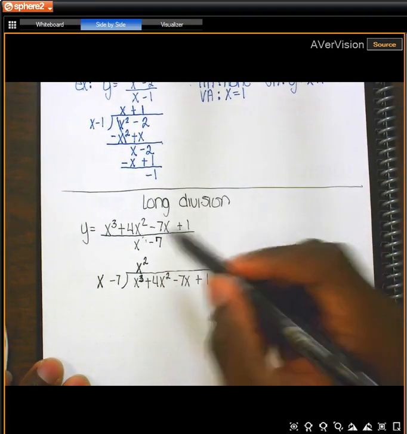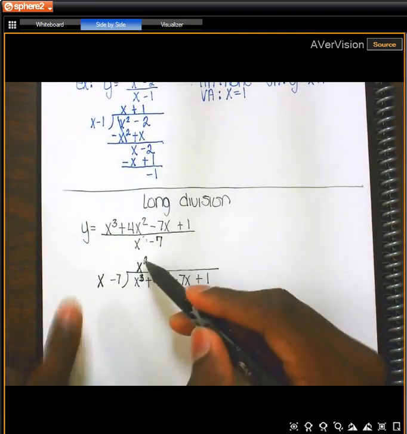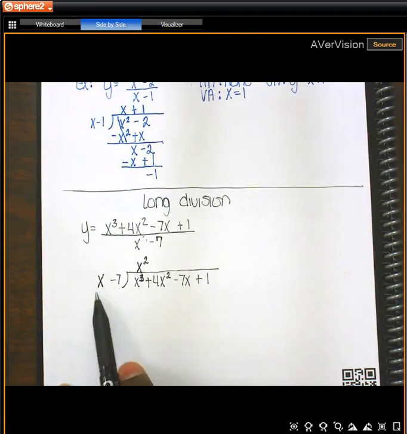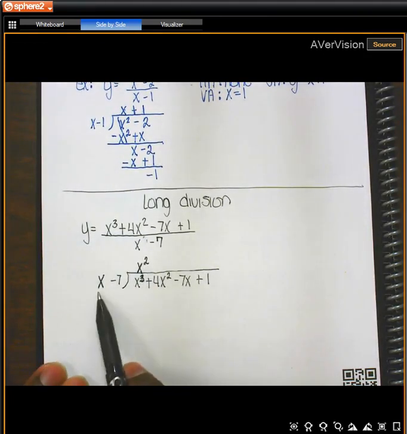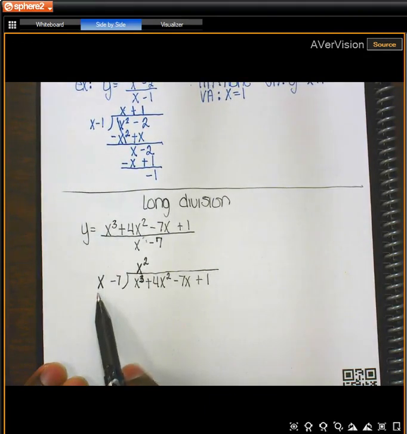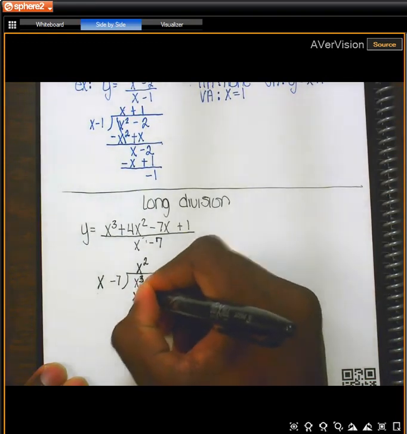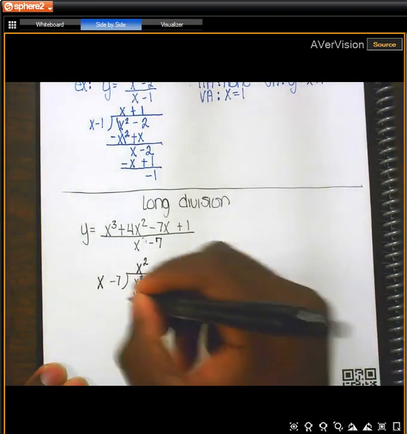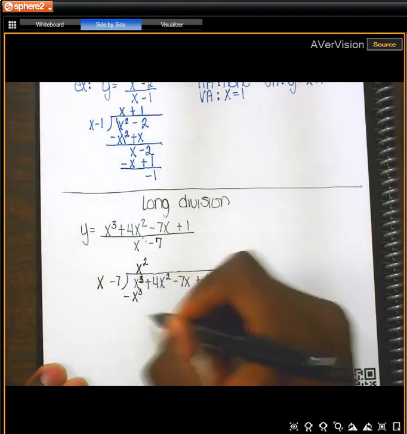Okay. So once we get x squared, we take that and multiply to both of these. So what's x squared times x? X cubed. And we take the opposite of that.